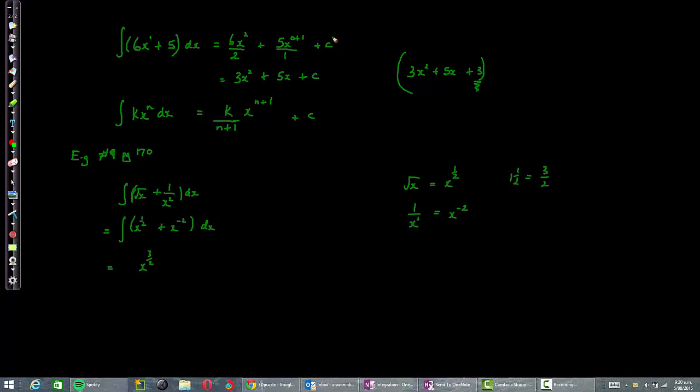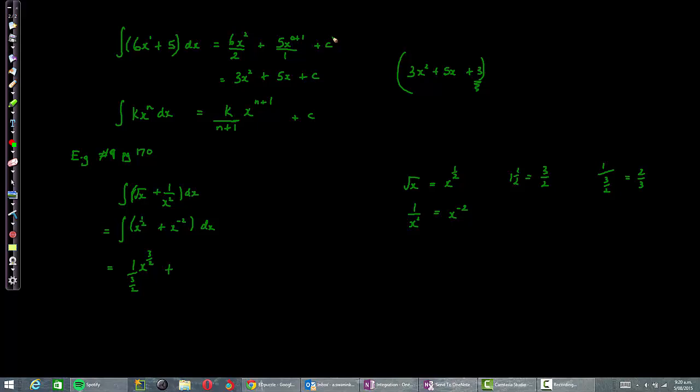Okay, and now what we're going to do is take the coefficient in front. Now what's the coefficient in front? Well, at the moment it's an invisible 1. So we're going to divide 1 by 3 over 2. But 1 divided by 3 over 2, well, that's the reciprocal. So it's going to be 2/3. So in a moment I'm going to rewrite that number in front as 2/3.